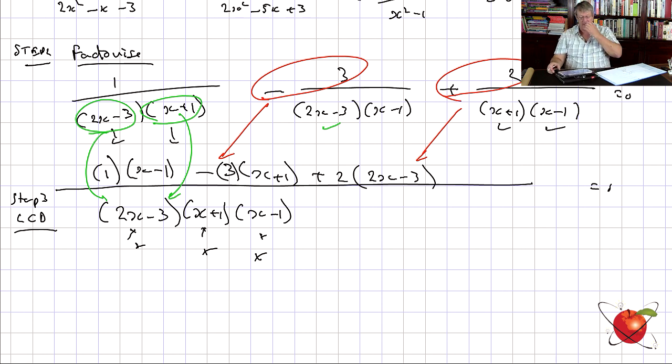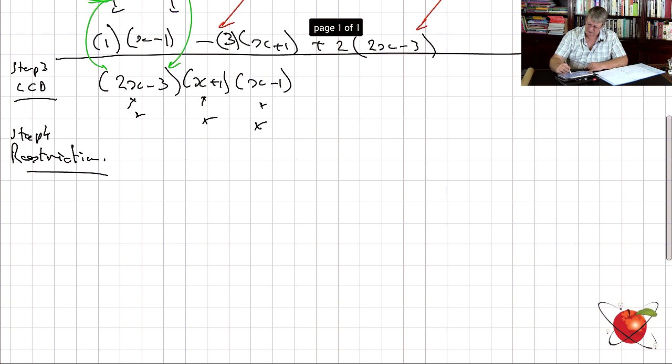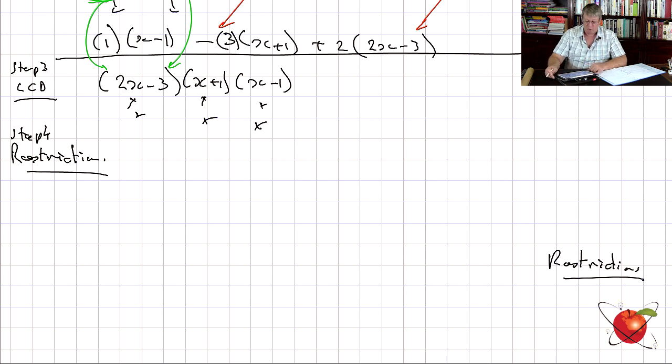Now at this stage, step 4 is restrictions. So I go down on my sheet and say restrictions over here. How do we work them out?